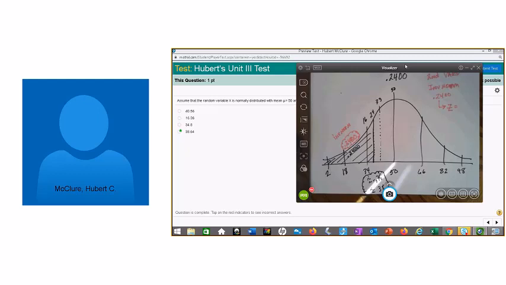Somebody do it for me. Second vars, inverse norm, 0.2400, close parentheses. Well, I guess I need to do it.